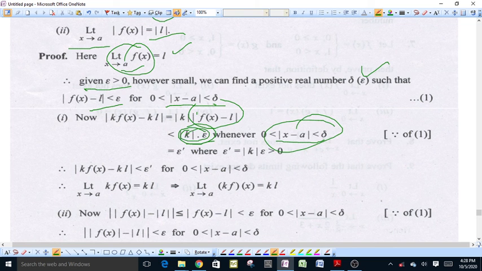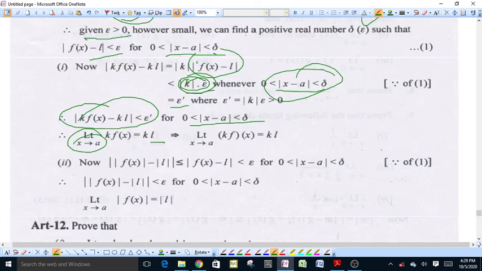Suppose this is equal to epsilon dash, where epsilon dash is equal to |k| times epsilon, which is positive. Again, this means this is less than epsilon dash whenever |x−a| is less than delta. Therefore, the limit of k f(x) as x equals a is equal to kL. This limit exists.